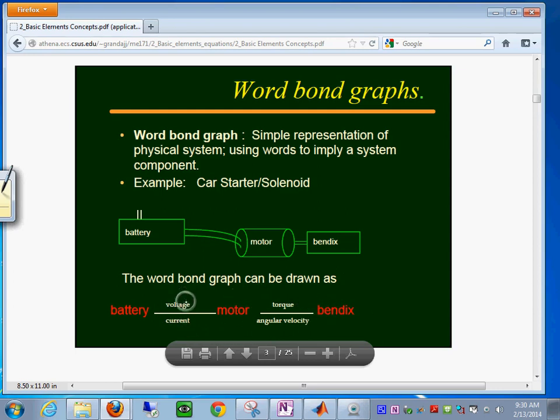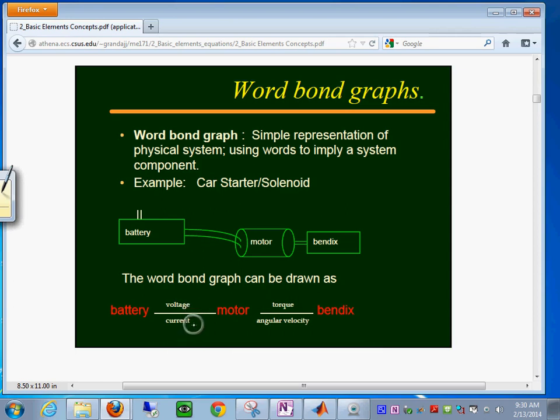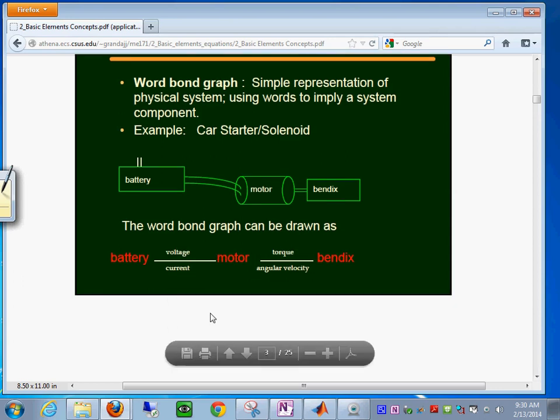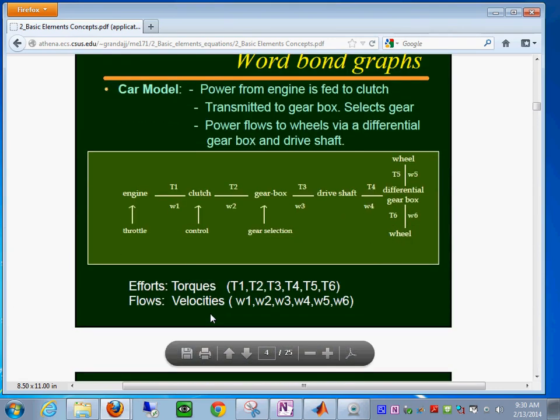But you see, each connection has those two variables, the E and the F. In this case, voltage and current, and after the motor, torque and angular velocity. Having done this, you have the ability to create models of systems that are quite significant.